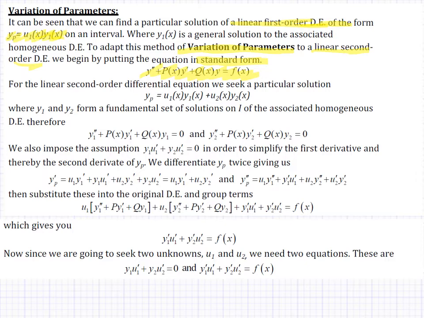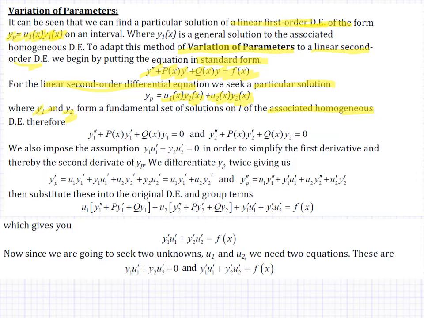So variation of parameters says that for a second-order linear differential equation, the particular solution can be of the form u1 y1 plus u2 y2, where y1 and y2 are solutions to the associated homogeneous, and u1 and u2 are functions of x that we need to find.